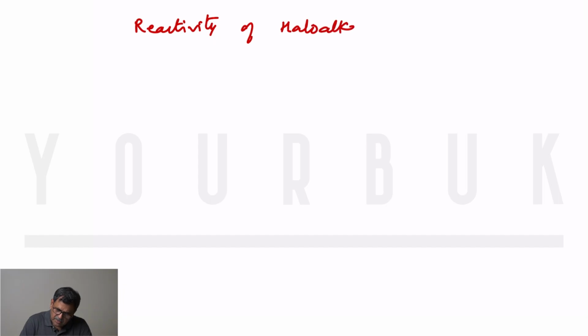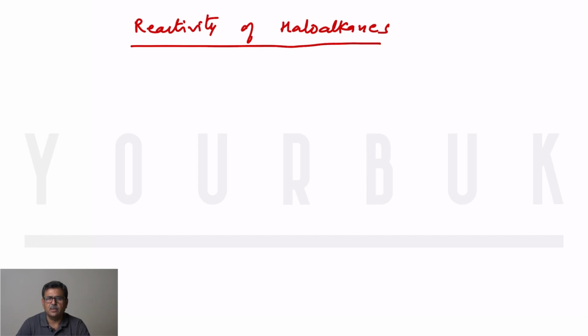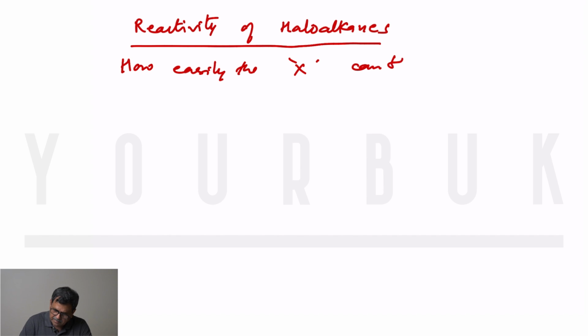Now, first thing, what is the meaning of reactivity of haloalkanes? Reactivity means how easily the halogen X can be replaced as X minus, as a nucleophile.